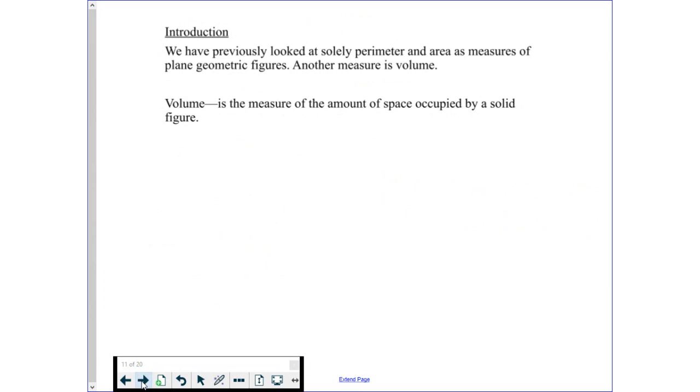That's the perimeter. And another measure is volume. Volume is 3 dimensional. So it considers the measure of amount of space occupied by a solid figure. So it will find the measure of the amount of space occupied by a solid object.